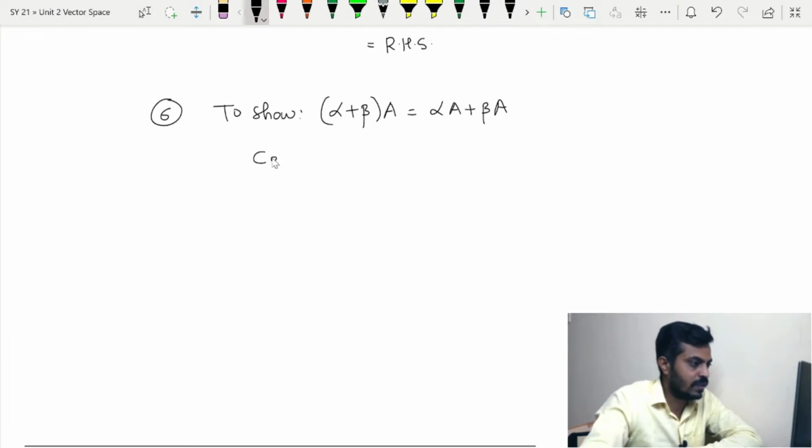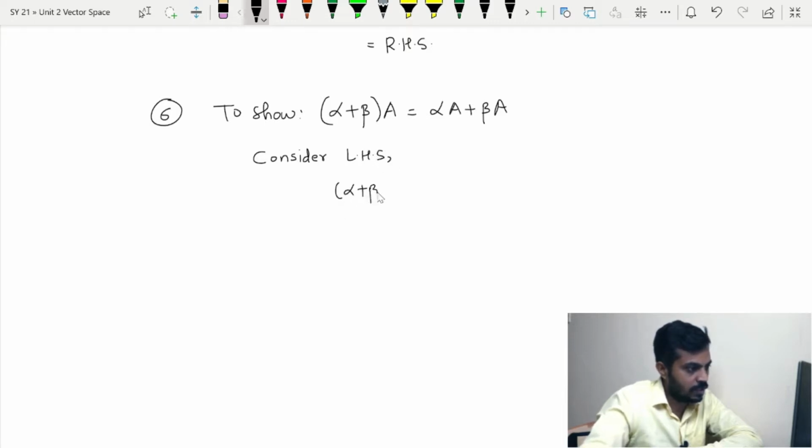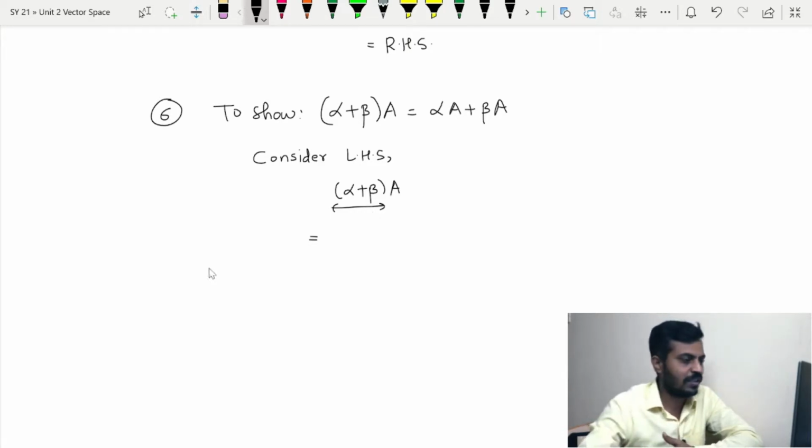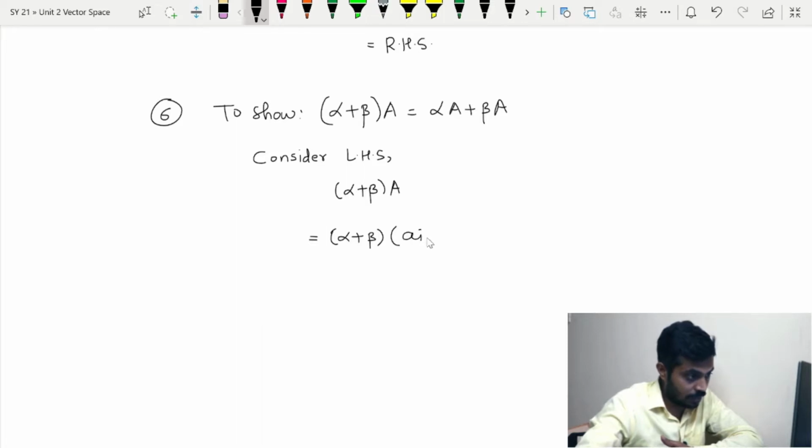Over here as well I will start with the LHS. Consider the LHS, that is alpha plus beta A, which will be equal to. Now you will say that the bracket is given to this, so we should add them. You are definitely right, but we don't have any values of alpha and beta, so there is no point in saying how to add it. The important thing is just putting the value of A there. So this is equal to alpha plus beta, and the value of A is nothing but Aij.